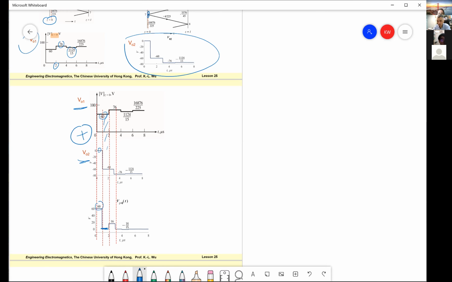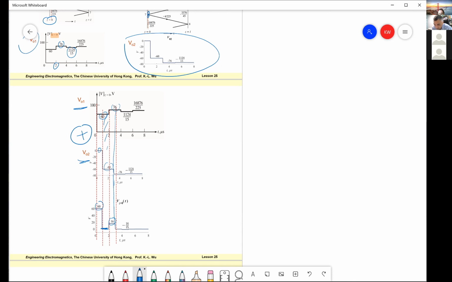And for this part, let's suppose it is this. This is 76, minus 60, so we have 16. So this is how we add together.